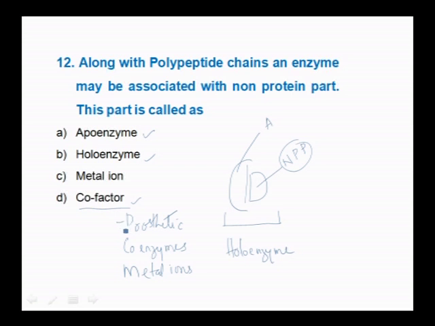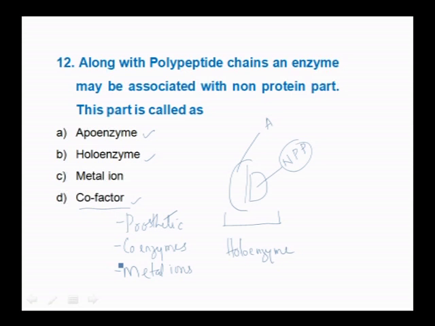So all these three are the types of cofactors. Do remember, cofactors, as I said, are the non-protein part, where the prosthetic group is an organic part permanently attached to the apoenzyme. They are tightly attached to the apoenzyme; you cannot separate it.